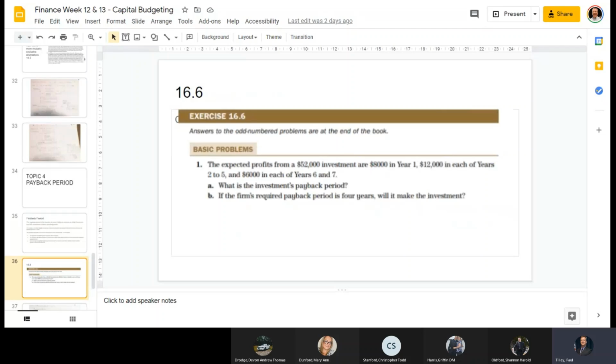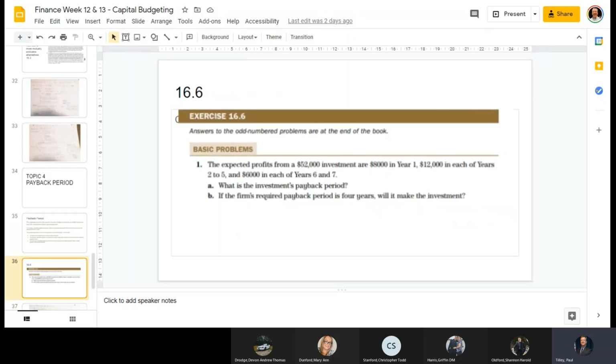So effectively, we're going to spend $52,000 up front. We're going to get, in the first year, $8,000. Then we're going to get $12,000, $12,000, $12,000, $12,000, $6,000, and $6,000.